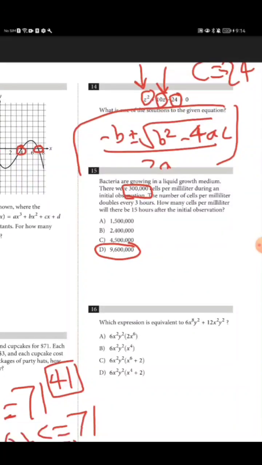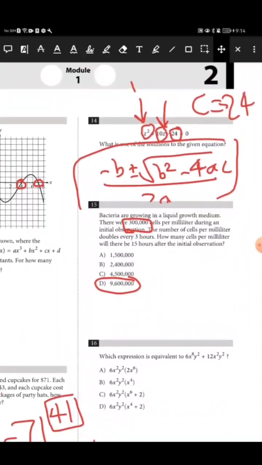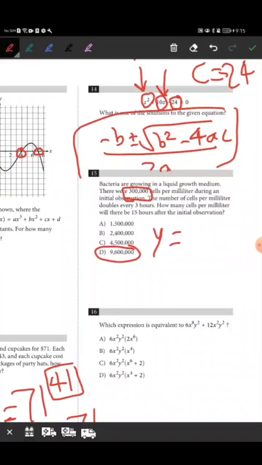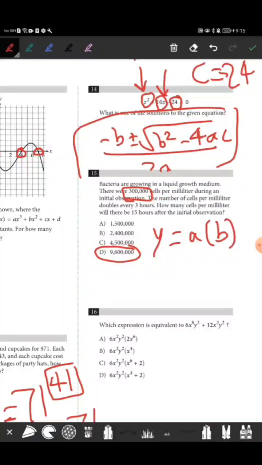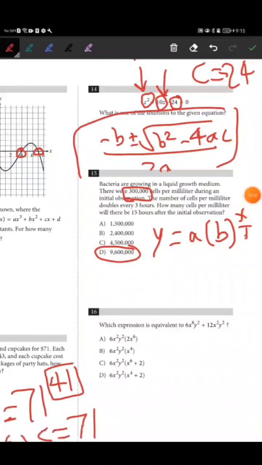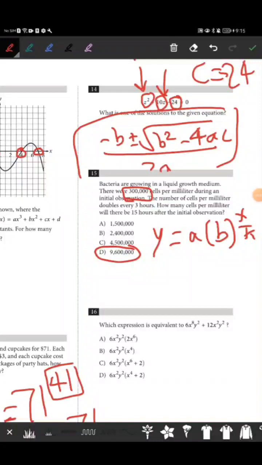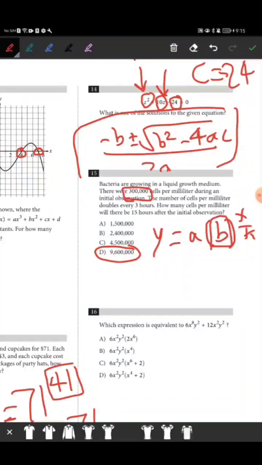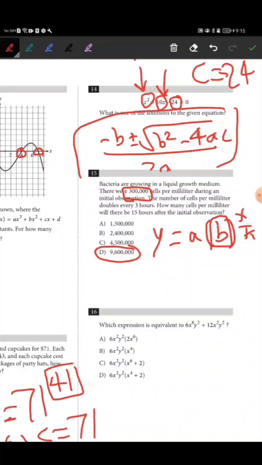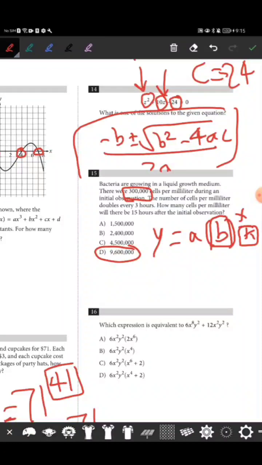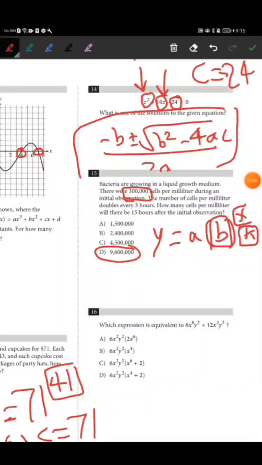So we're going to say that y equals a, open brackets, b to the power x over k, where y is the number that we're going to find out after the 15 hours, and a is the starting number, which is 300,000, and b is the factor that it increases with, which is 2, because it multiplies, and k is the number of hours it multiplies in, and x is the value that we multiply it after the time.